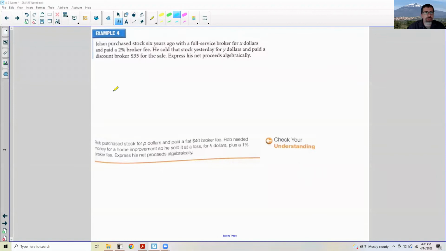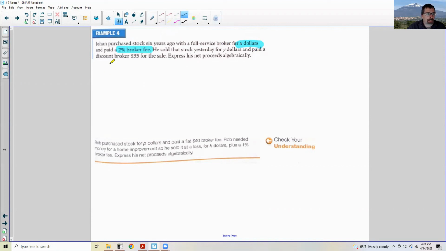Okay, example 4 says Johann purchased stocks 6 years ago with a full service broker for X dollars and paid 2% broker fee. So I'm just going to stop right there and address that portion.